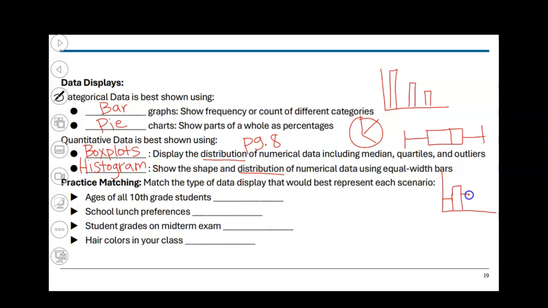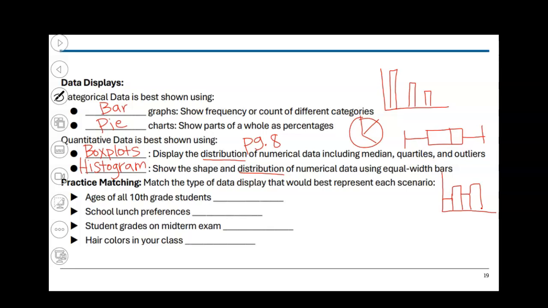Okay. There's no space. All right. And we're gonna learn more about histograms in this unit, and we're gonna learn how to make histograms on Desmos tomorrow. Okay. So Desmos will help you graph that.